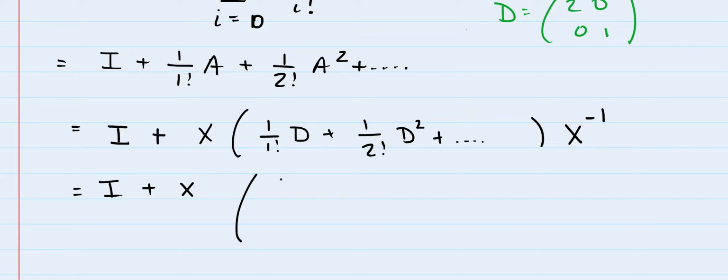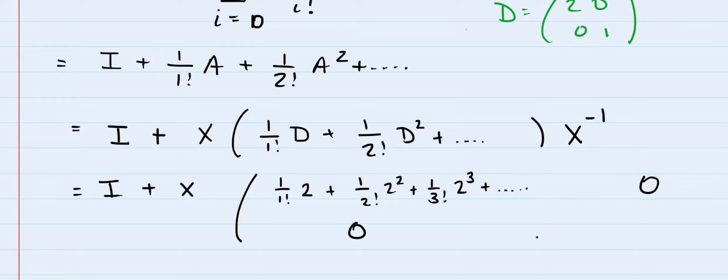So I'm actually just going to write this. This is going to be 1 over 1 factorial 2 plus 1 over 2 factorial 2 squared plus 1 over 3 factorial 2 cubed plus dot dot dot, 0, 0, 1 over 1 factorial 1 plus 1 over 2 factorial 1 squared, and so on.